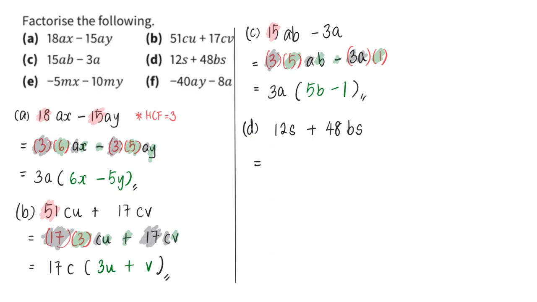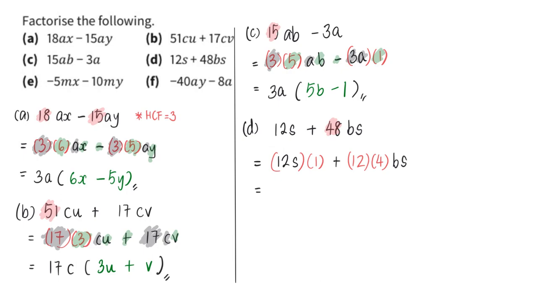From here, 12 and 48, I can see that the highest common factor is 12, meaning that my 12s, I will rewrite as 12s times 1, because my 48 can be written as 12 times 4, still got my b times s.